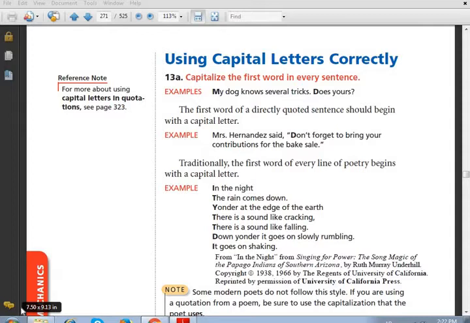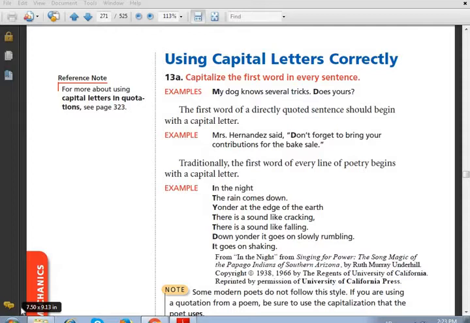It means, guys, that if you want to make a quotation, you have to capitalize the letter according to the original text which you took from. If it is capitalized in its original form, you have to capitalize it in your writing, or you have to capitalize the first letter in any quotation.